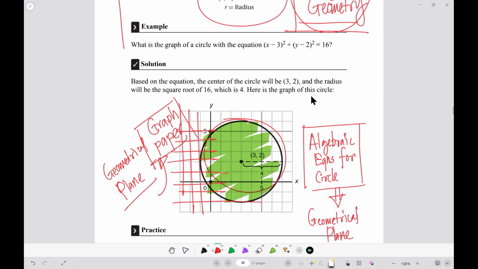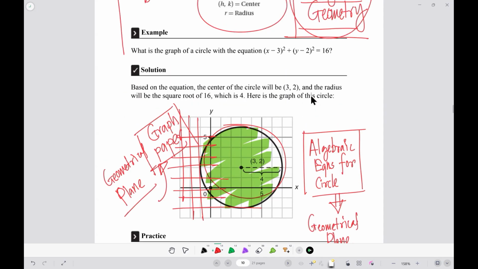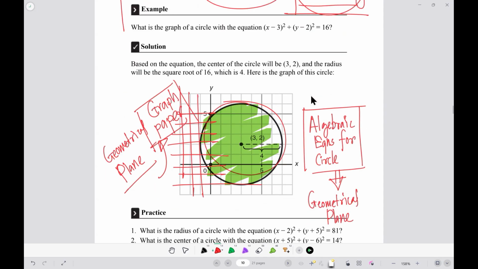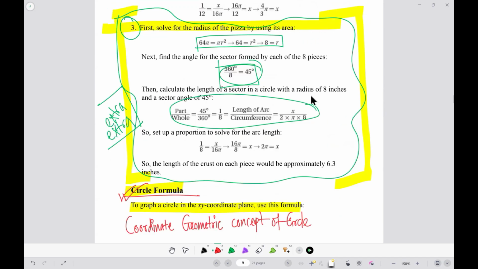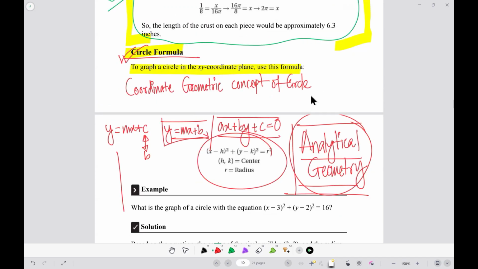And then we just need to draw a circle. And how do you do it? Definitely we need some equation, just like we needed in the straight lines case. We needed y equals mx plus b, and ax plus by plus c equals 0, in the case of a straight line.